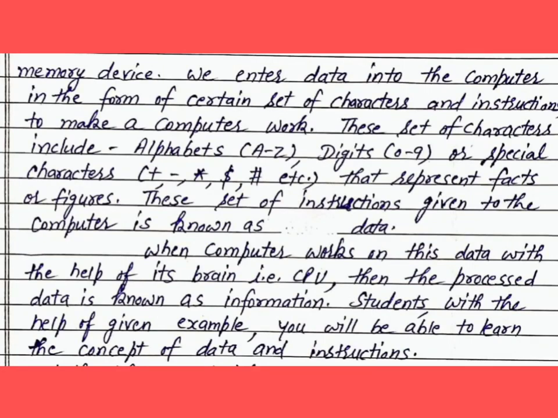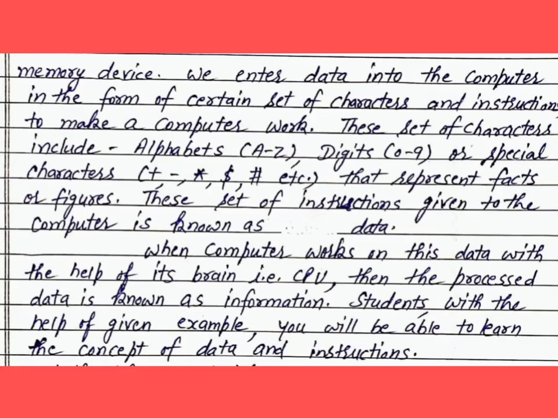We enter data into the computer in the form of certain set of characters and instructions to make a computer work. These set of characters include alphabets A to Z, digits 0 to 9 or special characters plus, minus, multiply, dollar, hash, etc. that represent facts or figures.